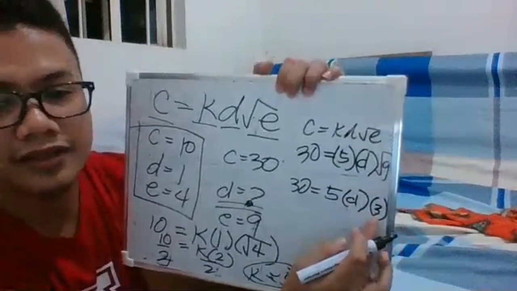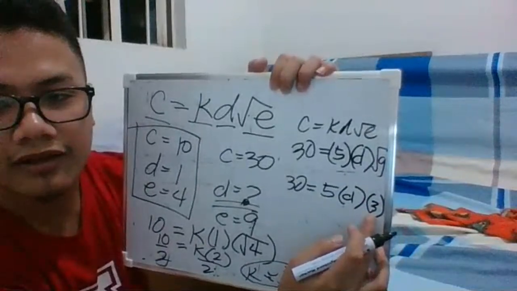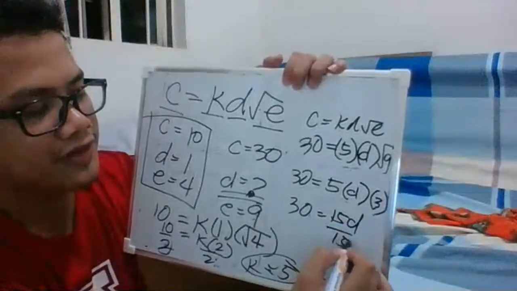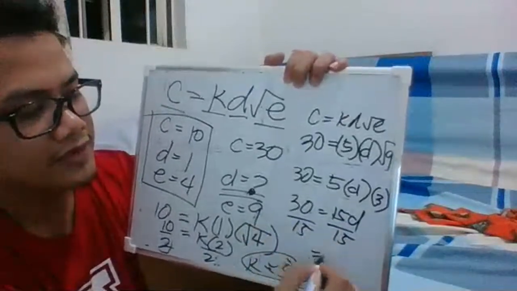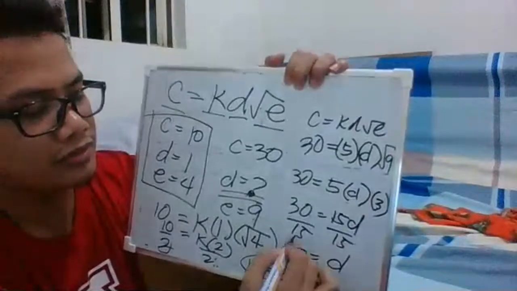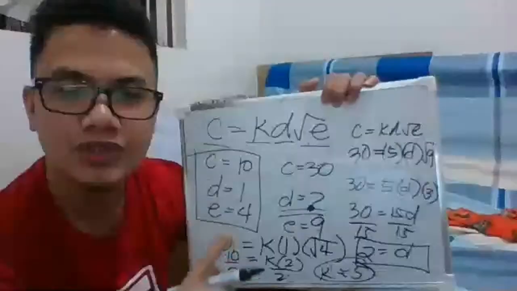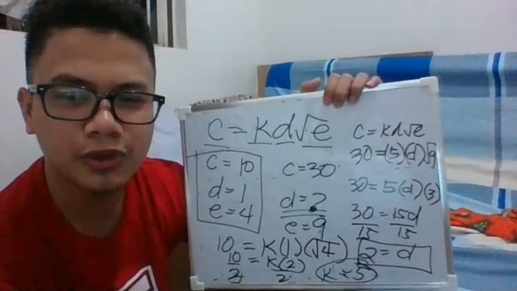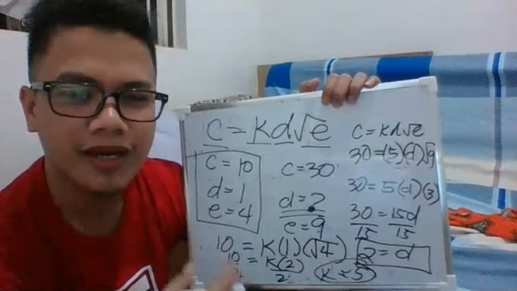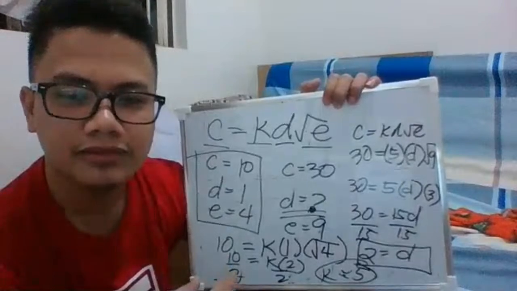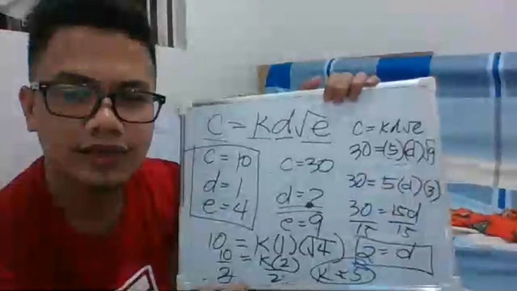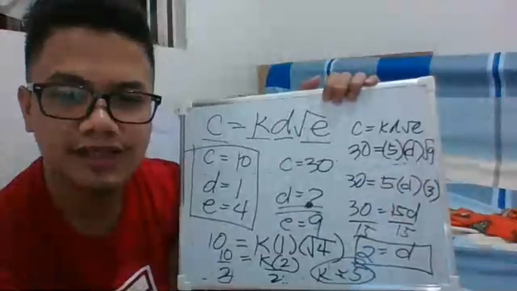Kasi square root of 9, 3. Okay. 30 equals 15. D divided by 15. So D equals 2. Joint. So gano'n lang din gagawin nyo kapag inverse or combined. So lahat naman ng summatives nyo, pinasa nyo eh. So I believe you can pass that also.